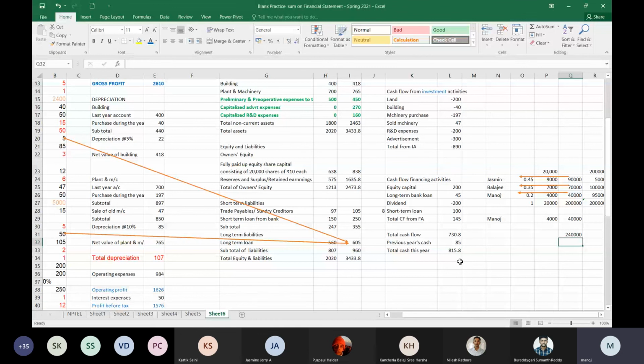So in our balance sheet, instead of 2 lakh rupees, we'll write 2 lakh 40,000 rupees. Earlier year, it would be 2 lakh rupees here, and here it would be 2 lakh 40,000 rupees. That is how everything is decided. Now everybody's shareholding will change.